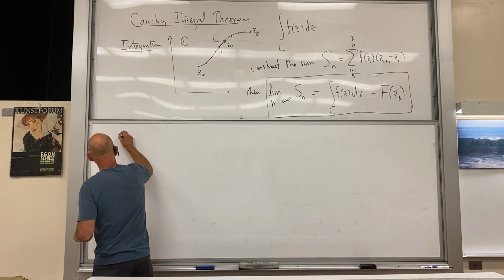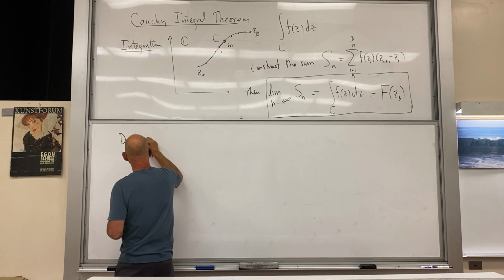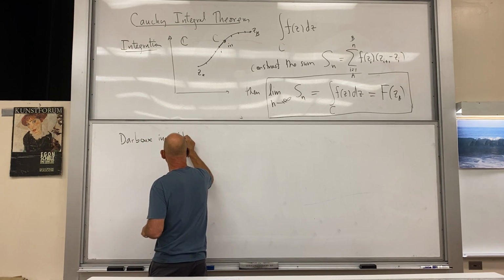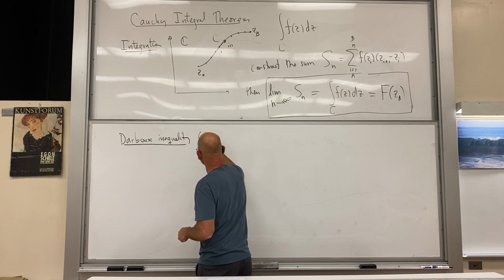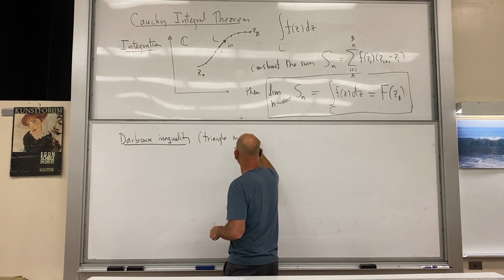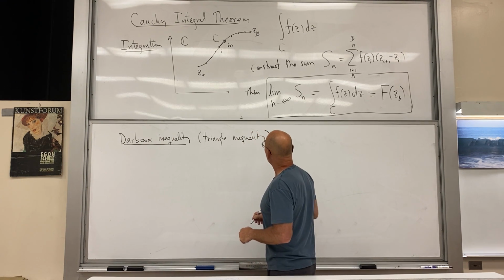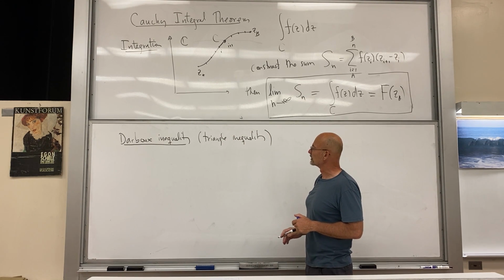It's called the Darboux inequality. I'll put here triangle inequality. You'll see in a moment why. So the Darboux inequality is a way of getting estimates for certain integrals.